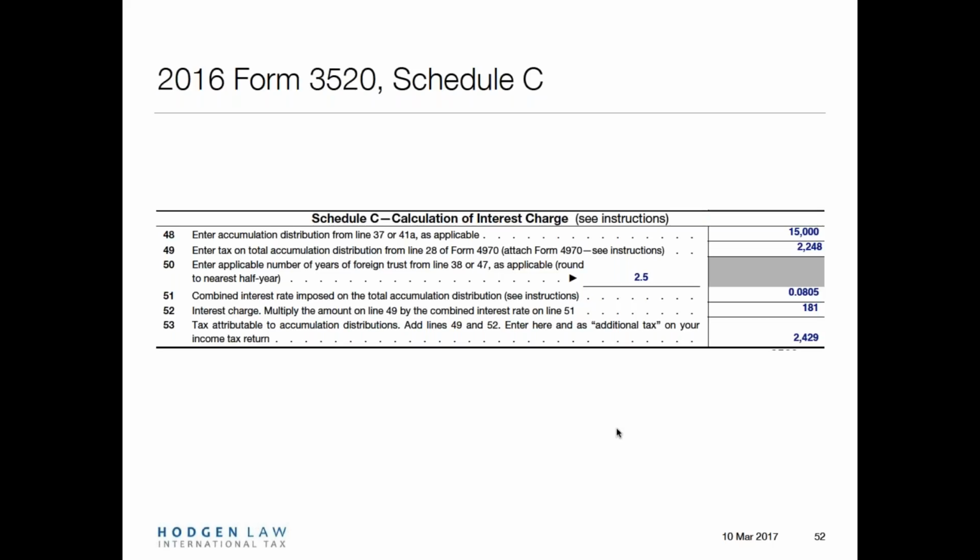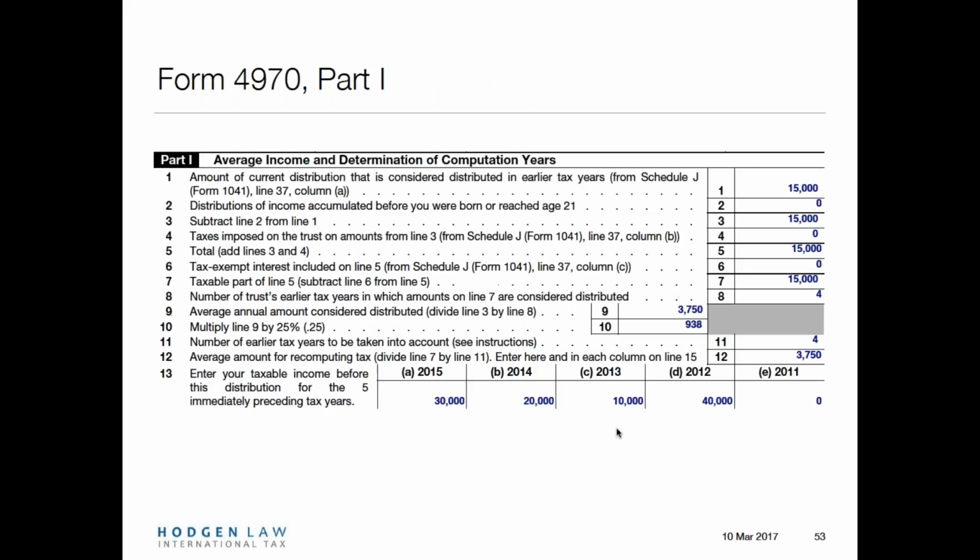And in the Form 3520 instructions, it says, here's a table, look up 2.5 in this table and tell me what the decimal fraction is to the right of that, and that is your interest rate factor that you do the multiplication on. And so there you go. We have $181 of interest. The total tax is $2,429, and off we go to the races. We're in good shape. That's the total tax that's going to go to line 62.